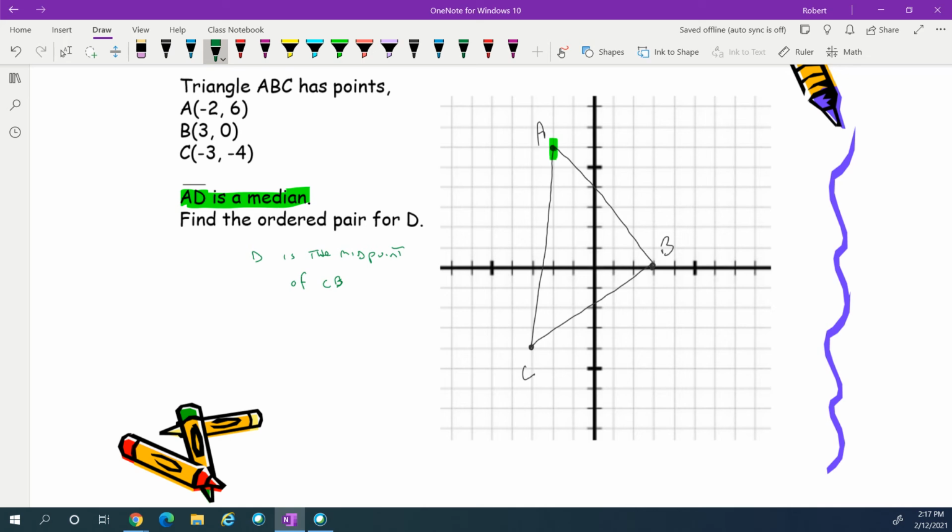So D is in here somewhere. We're asked to find the ordered pair for D. So what we're really being asked to do is find the midpoint of CB. So we're going to use the midpoint formula.